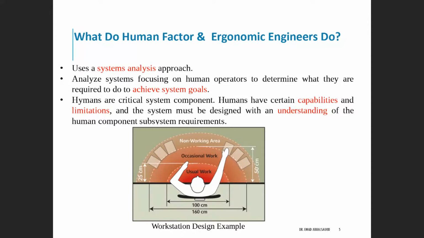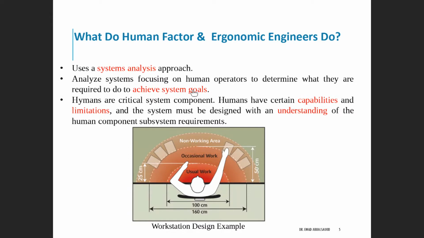They analyze systems, for example a manufacturing system or a service system, and see where the human interaction comes into the process or the operations of the system. They focus on the human operators to determine what they are required to do to achieve system goals.